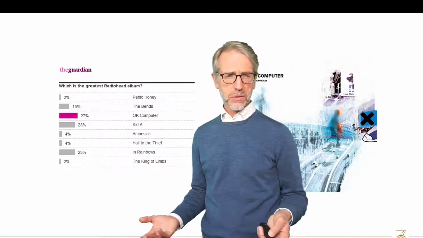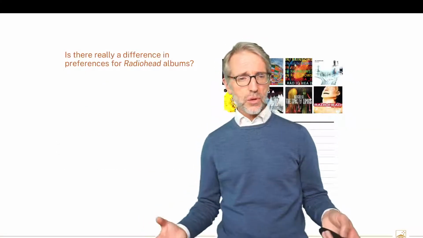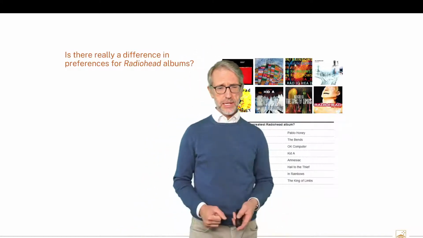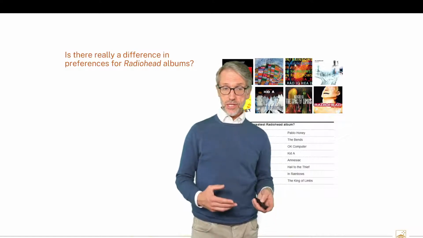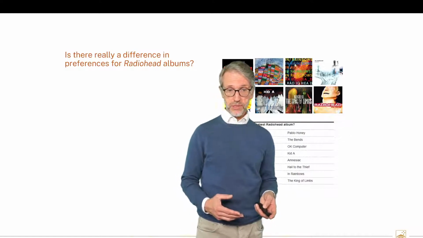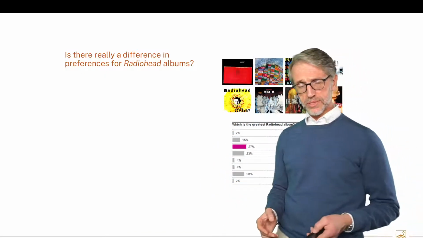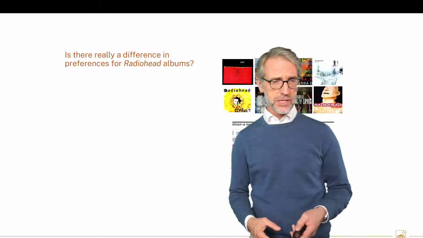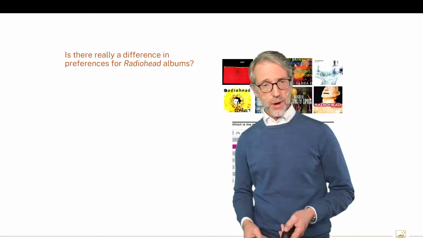But, you know, it's a good place to start as an example. So we can ask this question: is there really a difference in preference for Radiohead albums? Does the observed set of preferences reported by The Guardian actually reflect an underlying difference in preferences, or does it just approximate a random distribution?